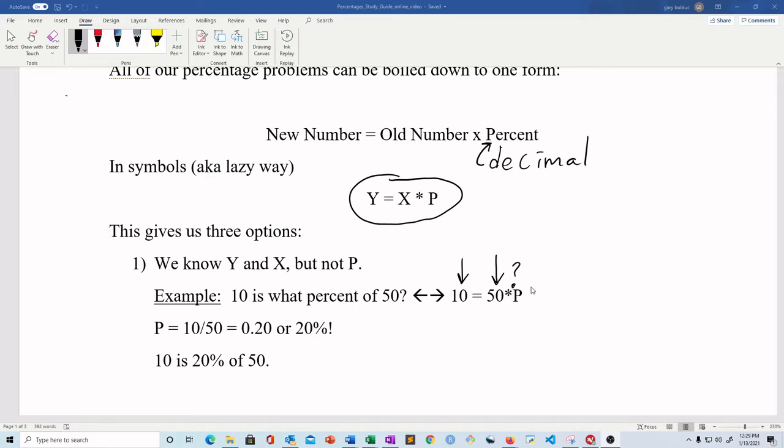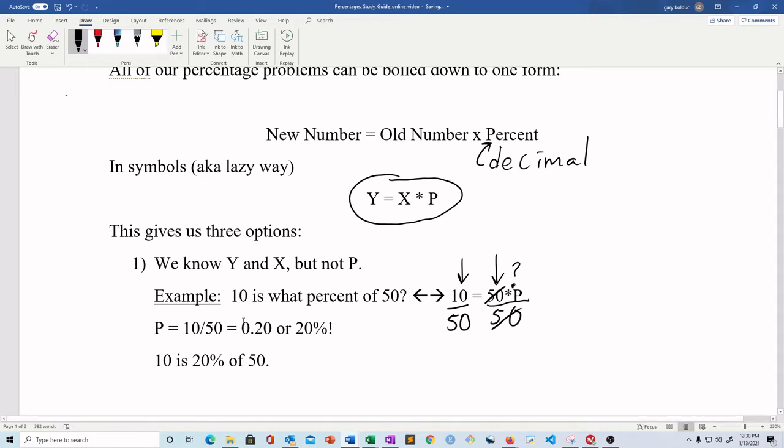The opposite is to divide. And remember, if you do it to one side, you've got to do it to the other. So I've got 50 over 50. Those cancel, and that's what I wanted. I end up with p equals 10 over 50, which is 0.20.